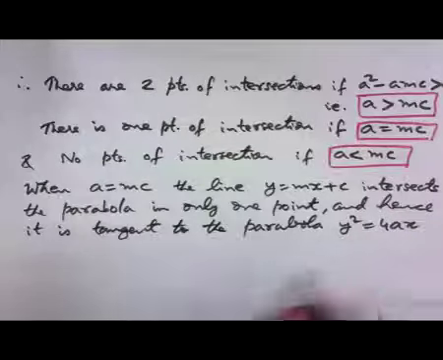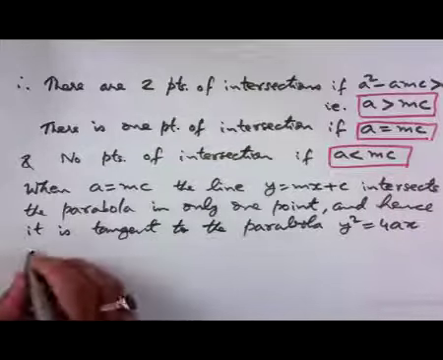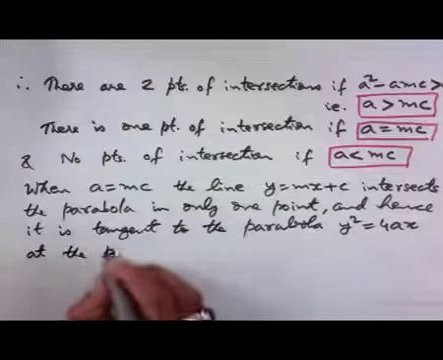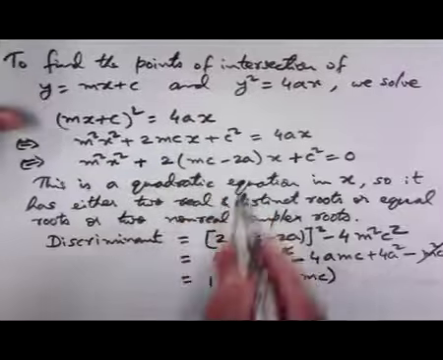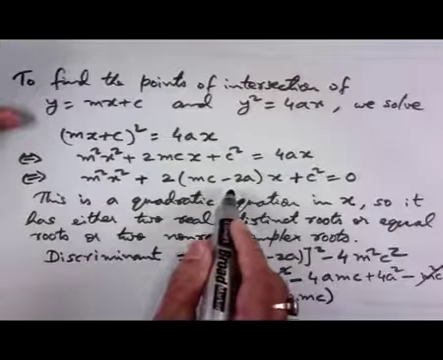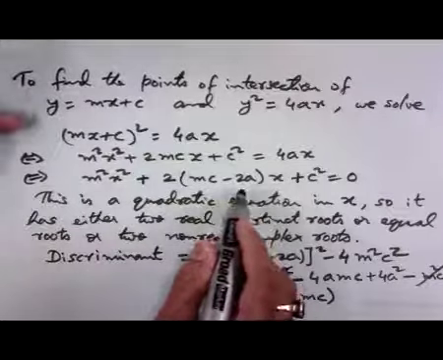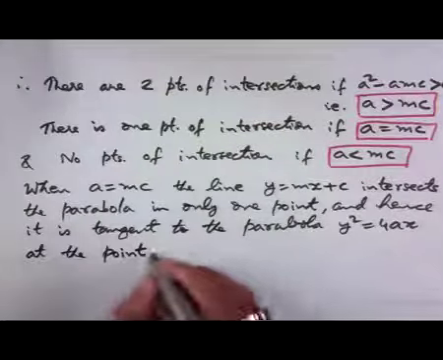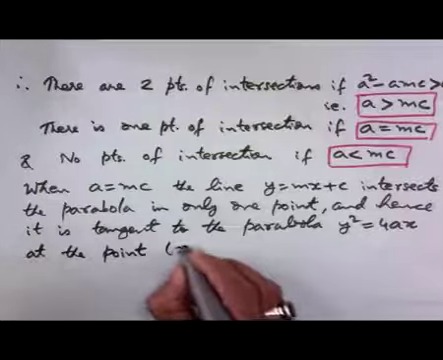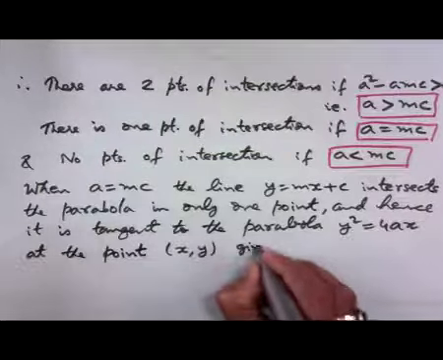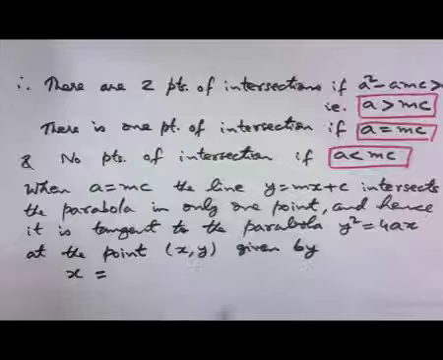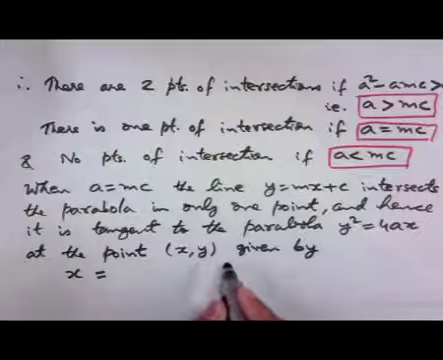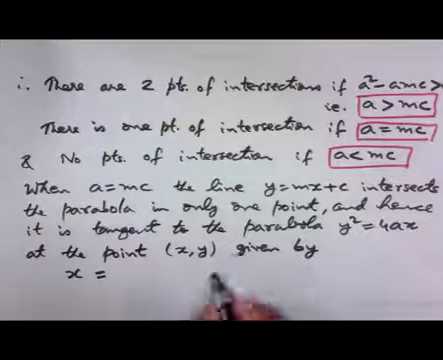What is the point at which this is tangent? At the point, we can see from this quadratic equation that when the discriminant is equal to 0, then x can be solved at the point x comma y given by x is equal to, for quadratic equation a x square plus b x plus c equal to 0, for equal roots we get minus b by 2 a.